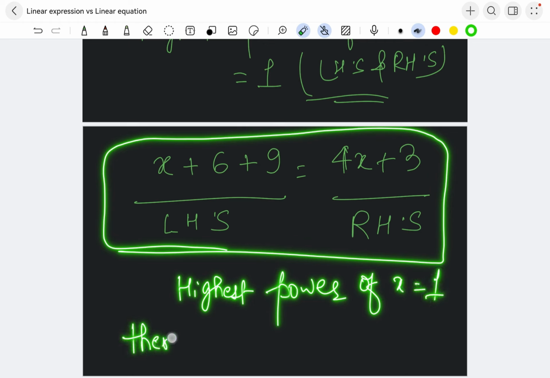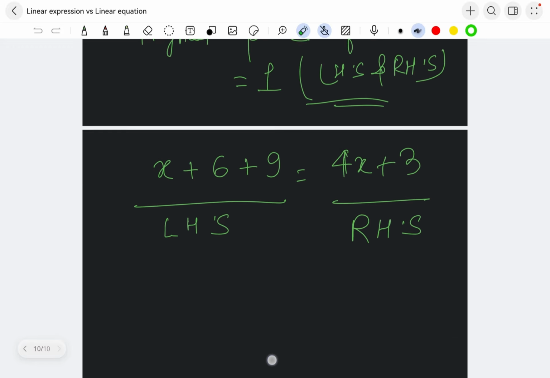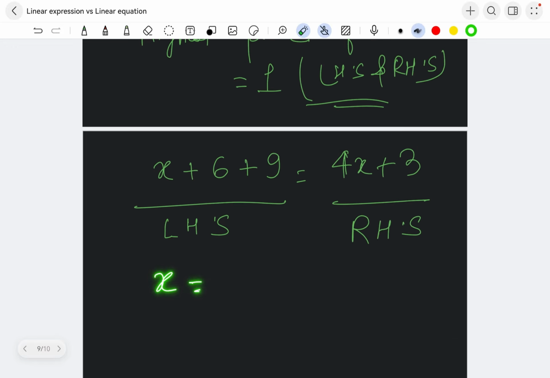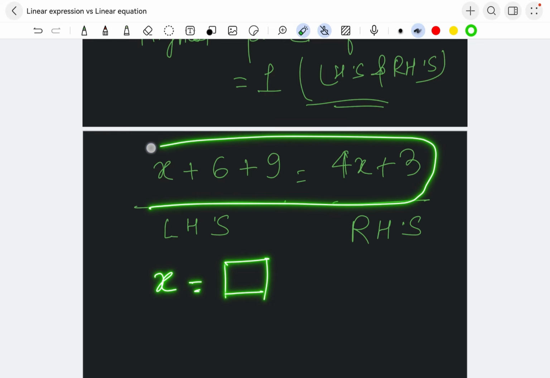Then remember, the answer of x will also be only one value. Only one value will satisfy this entire equation. Hence it is known as a linear equation.